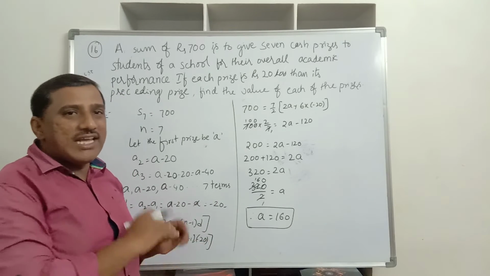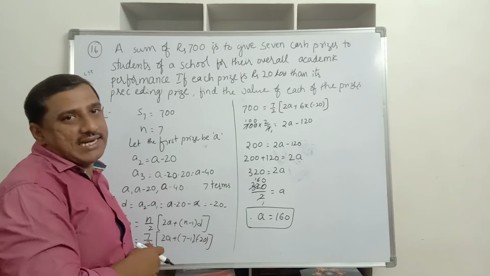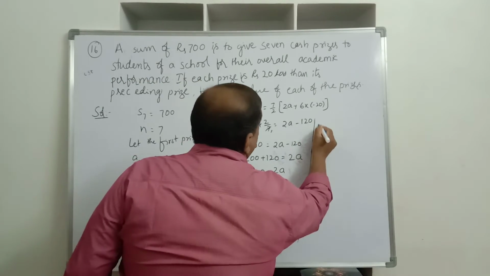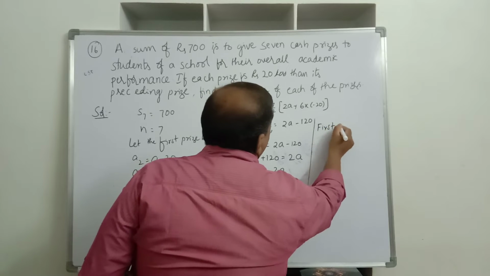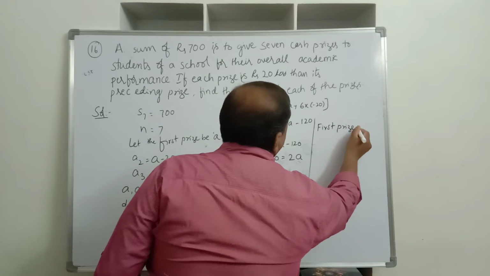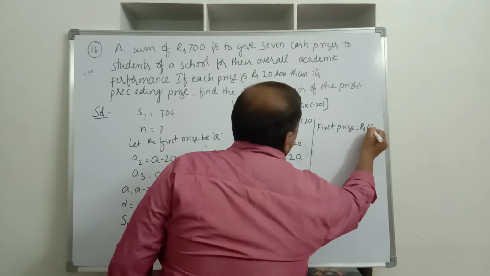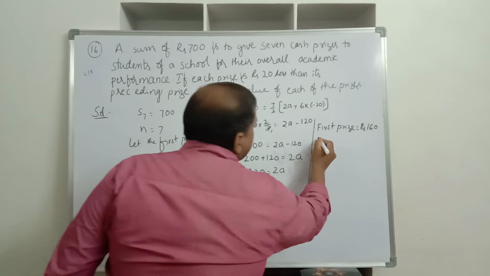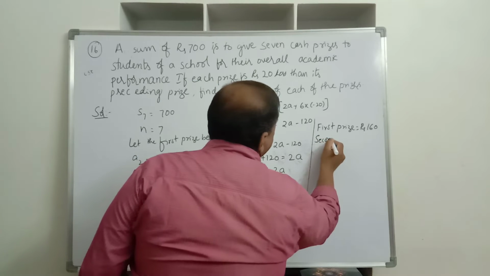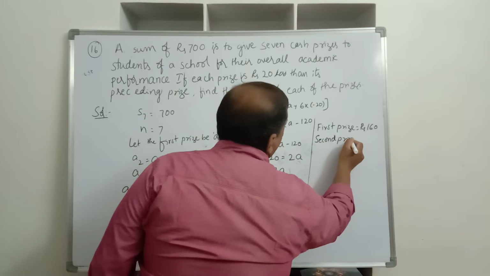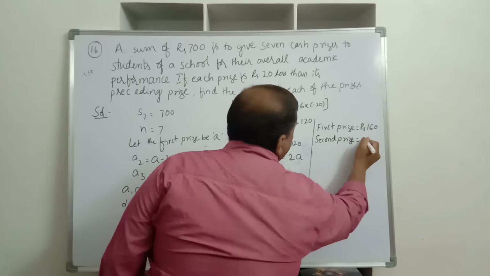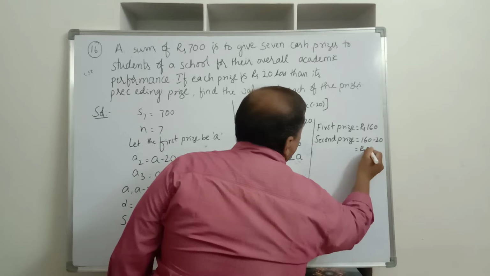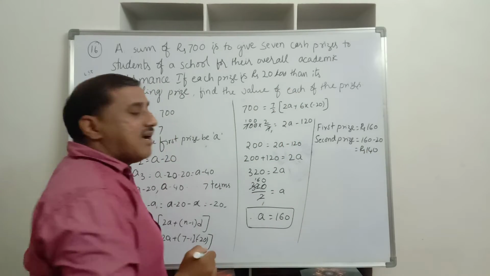What about the other prices? Each is 20 rupees less than its preceding price. Therefore, the first price is A, which is equal to rupees 160. Then the second price is 20 rupees less, that is 160 minus 20, which is 140. So 140 is the second price.